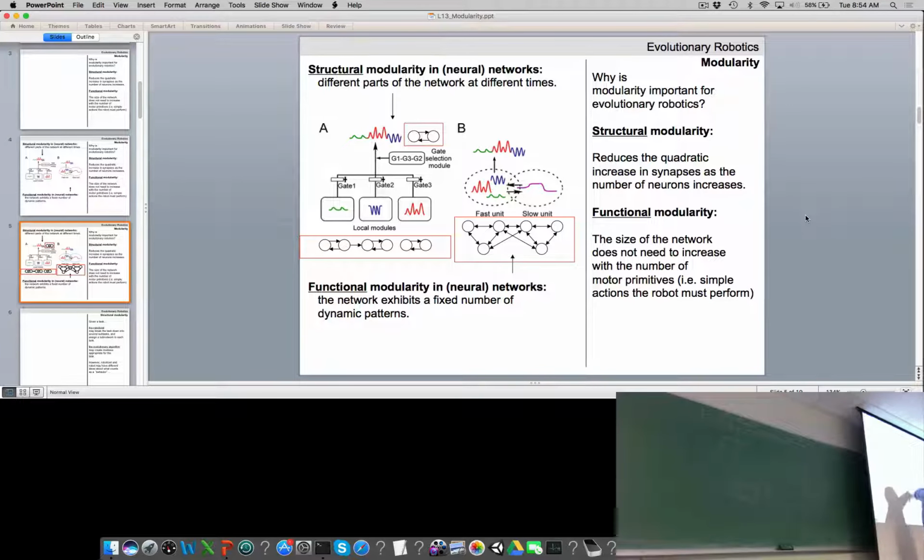This is actually a figure that came from that paper, and the alternative model they had for getting a robot to do these different motor primitives, these little simple tasks, one of the things they proposed is you could actually have a structurally modular network, 3 different little neural modules. Each one produced one of the desired motor primitives. And then on top, you have a 4th one here, which is this gate selection module, which turns on and off the flow of one of these modules directly to the motors.